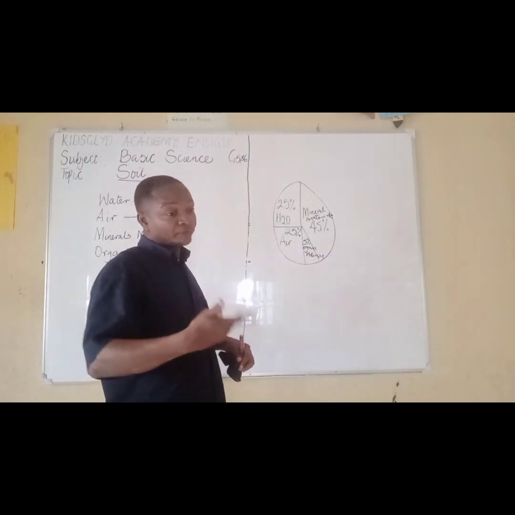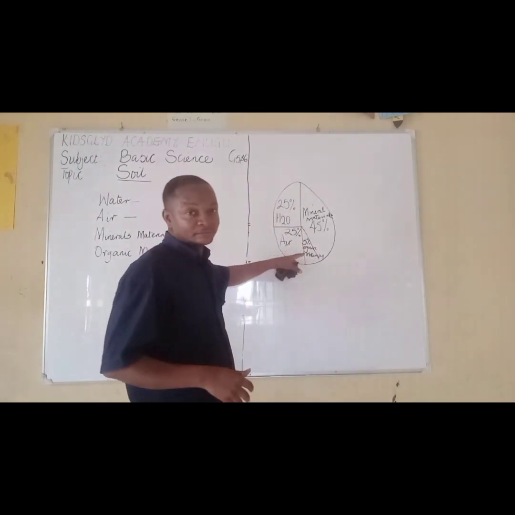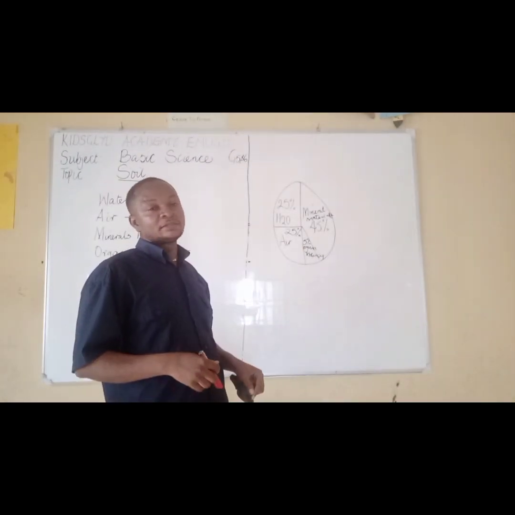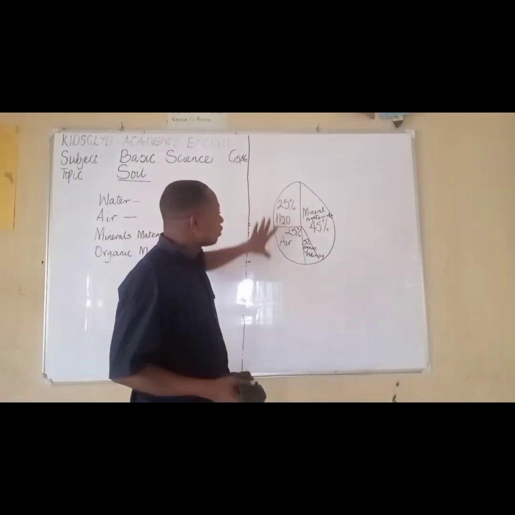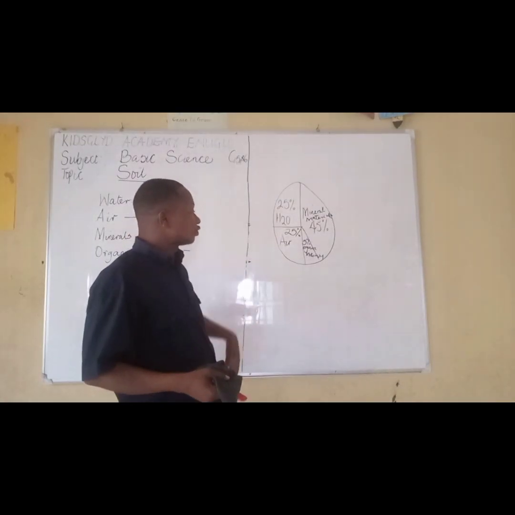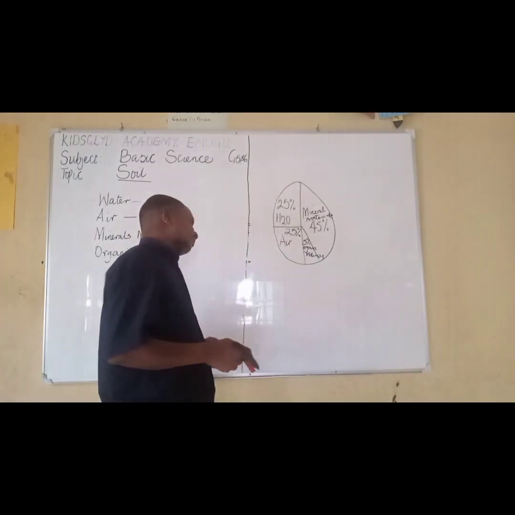So the fertility of the soil that is contributed by those dead animals is just 5%. So you see that the highest of it all is minerals, then air and water have the same content in the soil, but the organic material contains only 5%.